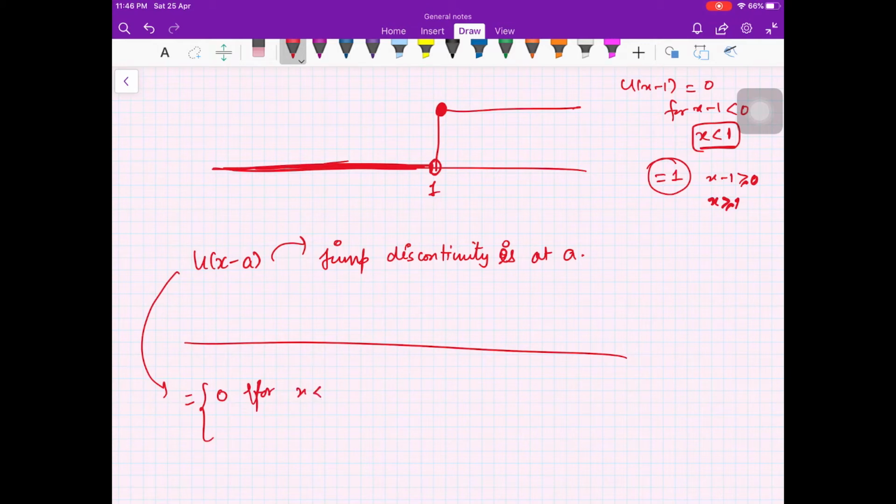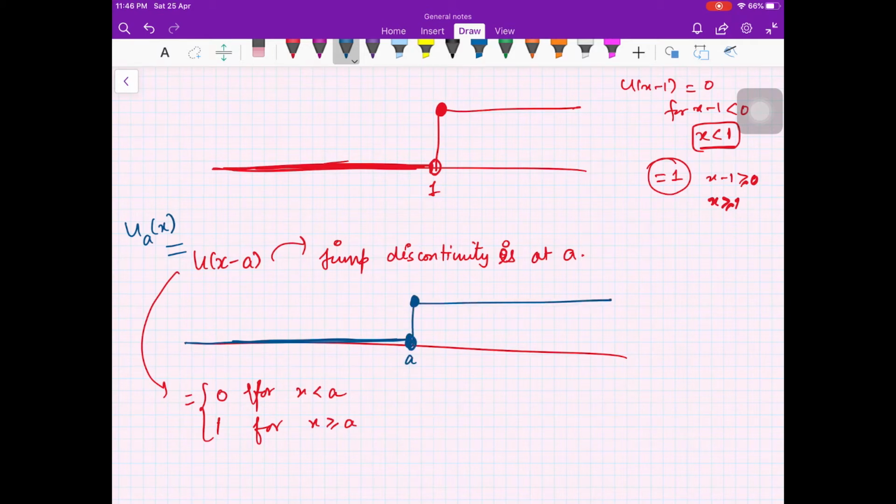And this is equal to 0 for x less than a, and it is 1 for x greater than or equal to a, right? So if we draw the graph of a unit step function, we write it as u_a(x), right? So this will be at a, you have this discontinuity, so your graph looks like this, right?